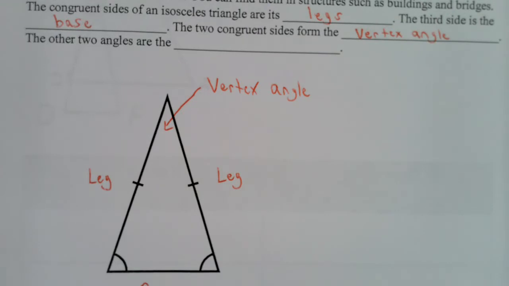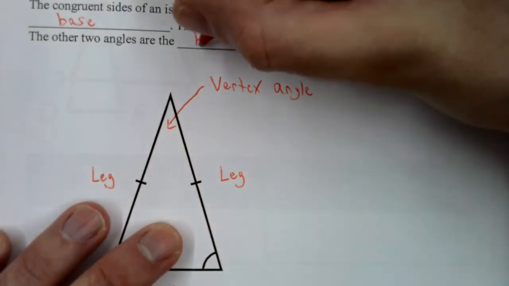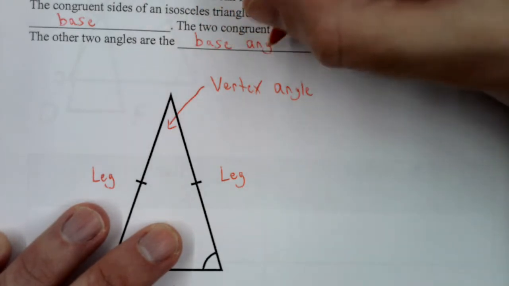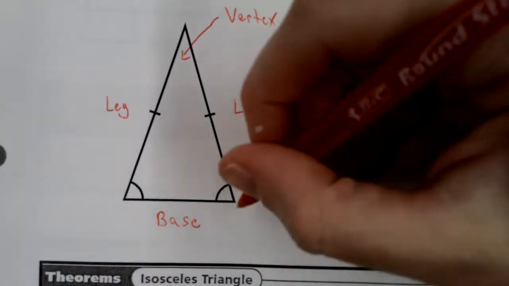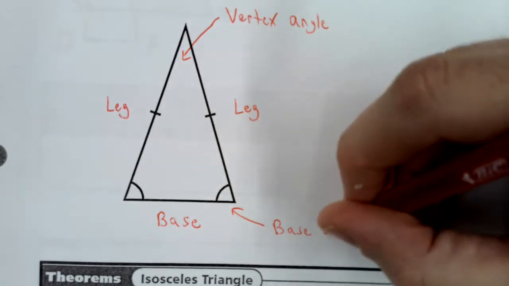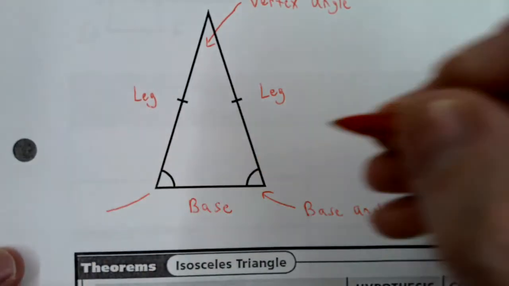And the other two angles are called the base angles. So in my diagram below, this is a base angle, and then this is another base angle.